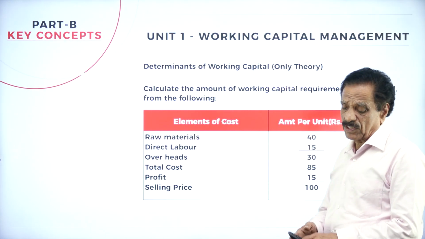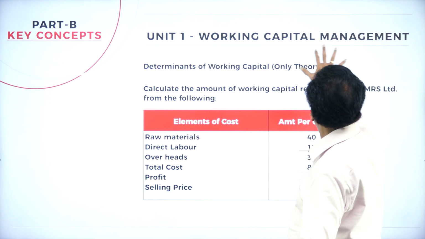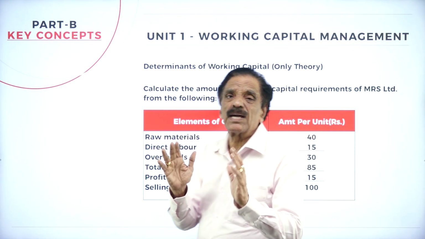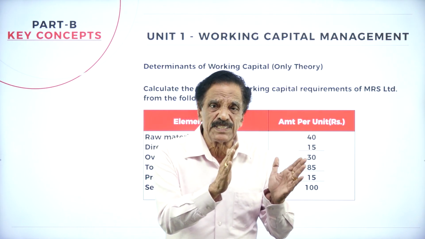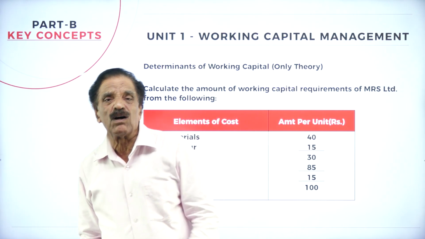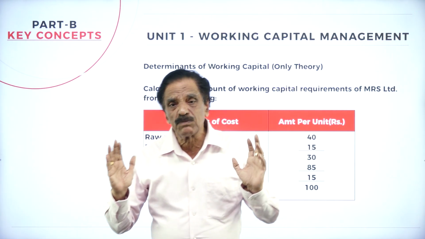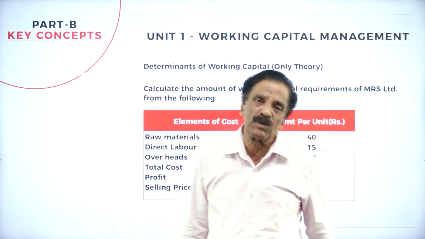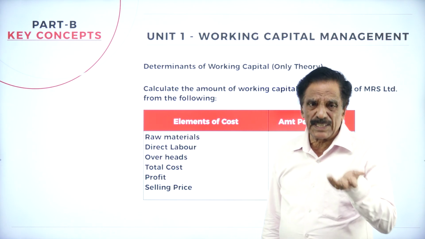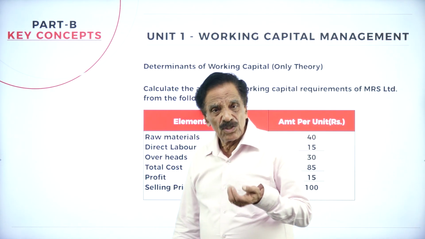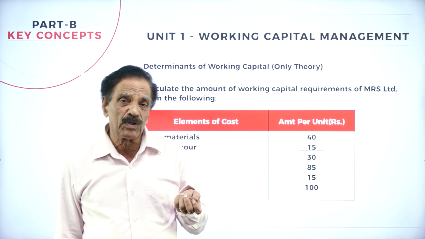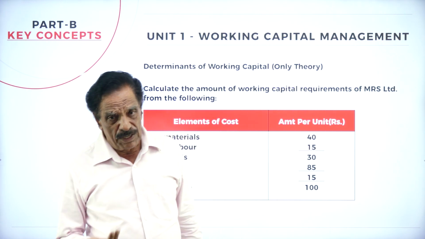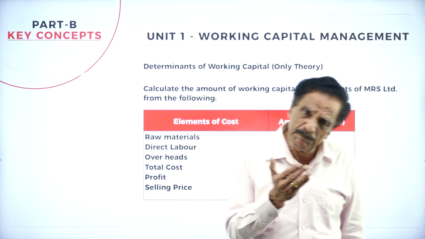So we'll go with the first unit, working capital management. What is working capital? Current assets minus current liability is called working capital. Which are the current assets? Cash in hand, stock, work in progress or material in process, finished goods, debtors, prepaid expenses.